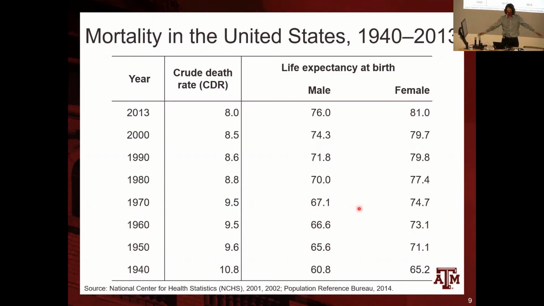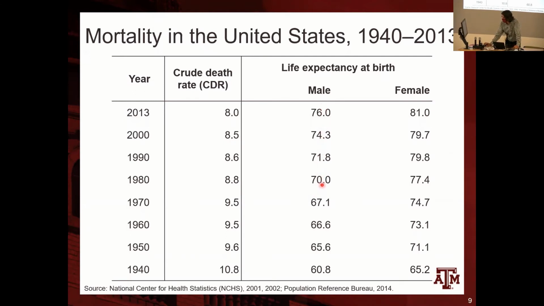So if we expose a specific group of the hypothetical population to the age-specific mortality rates that were measured in 2013, the male population would live around 76 years. And the female population would live on average 81 years, right? And then we see that we did have substantial improvements in mortality, people living longer.